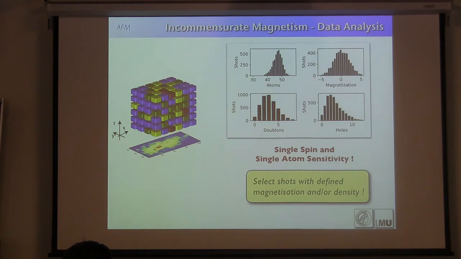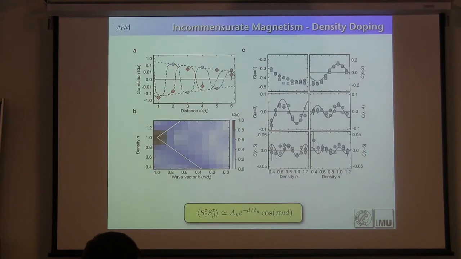But now we can do a nice trick. We can precisely post-select the data on a certain density or a certain magnetization. I can take only those subsets of images where the magnetization was 0, or where the magnetization falls within a certain range, and look at the data in that range, to fix the magnetization and the density of my particles in the system and have perfect control over it.